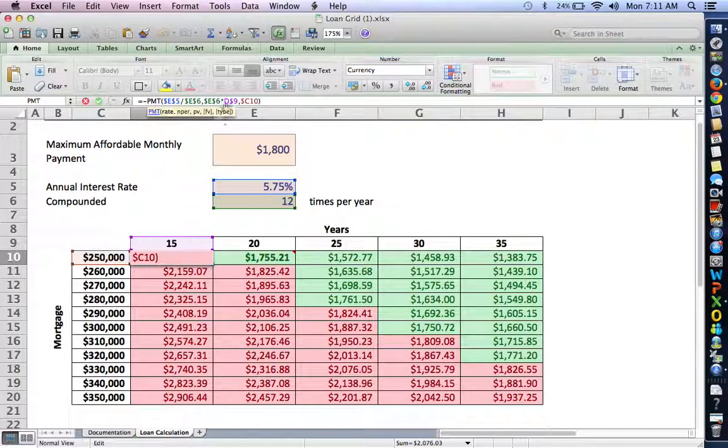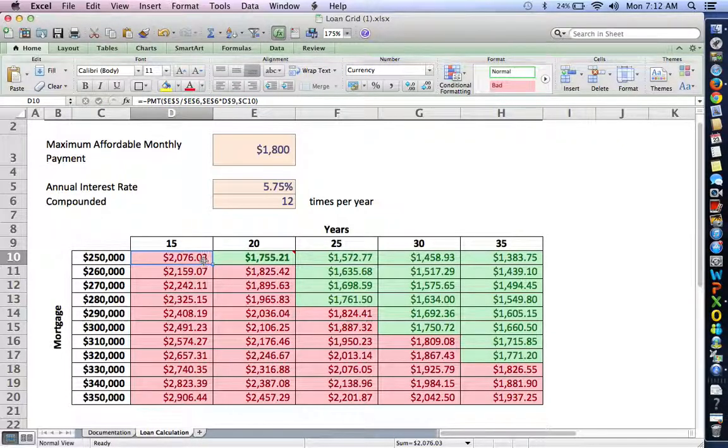And finally, the last argument is the mortgage amount, or the present value, which is $250,000. And that gives you the first figure of $2,076.03. Also, I put a little minus sign here in front of the formula to make the value positive as opposed to negative.